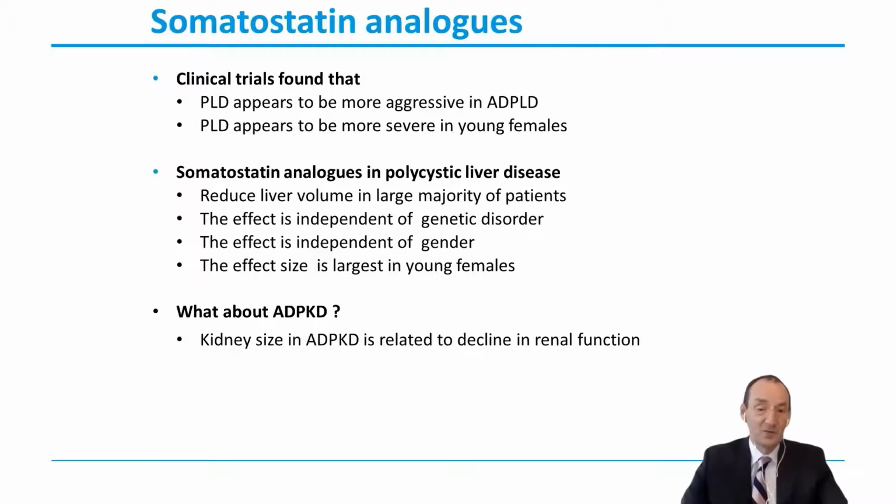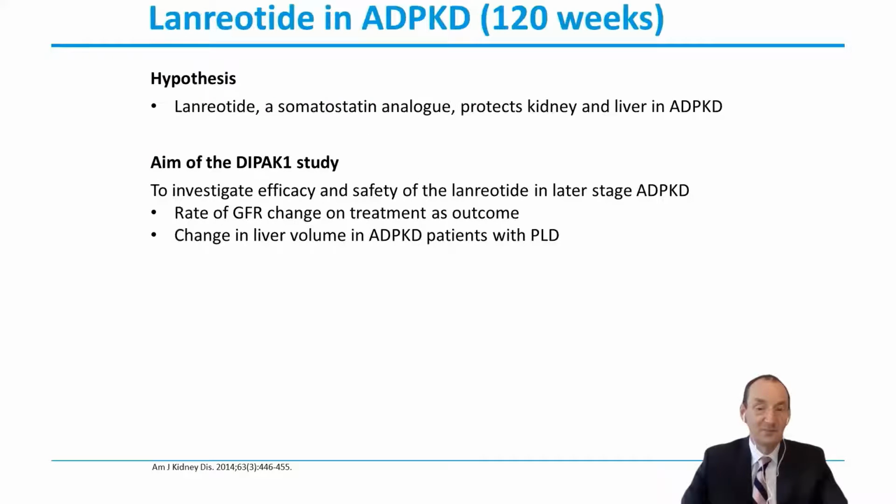In the next step of our research, we were interested whether ADPKD would be susceptible to somatostatin analog treatment. So that's why we developed the hypothesis that lanreotide protects kidney and liver in ADPKD, because we knew that in some patients, if you administer somatostatin analog, the result will be a smaller liver as well as a smaller kidney.